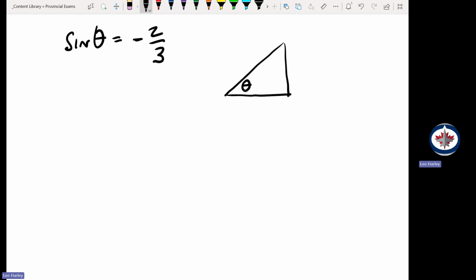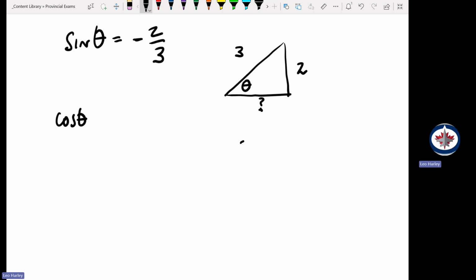And then we're going to remember that sine is grade 10. Right triangle, sine theta is opposite over hypotenuse. And the trouble for us is we need to find cosine theta. That means we have to find the adjacent side. So we're just going to do a little bit of Pythagoras.